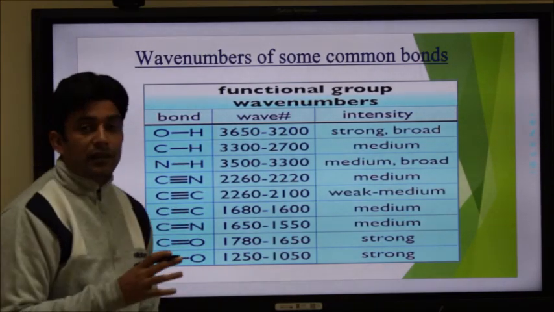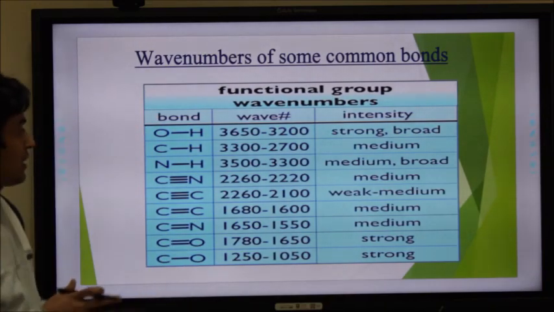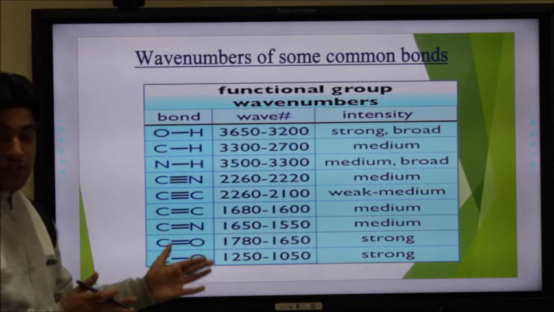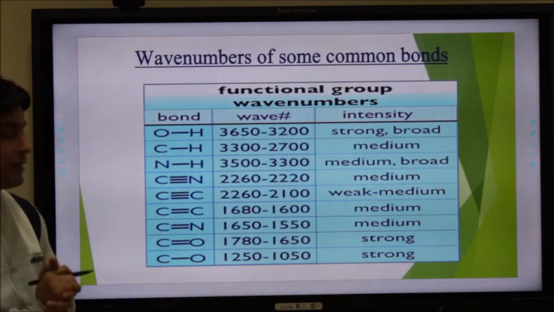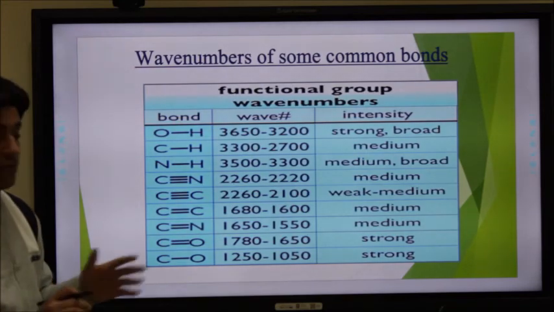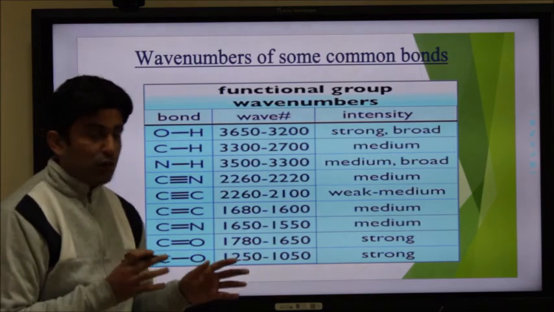So whatever I have told you till now was about the different functional groups, their range, the intensity of peaks, and how FTIR helps us to determine the different functional groups. So this was all about Fourier transform infrared spectroscopy.